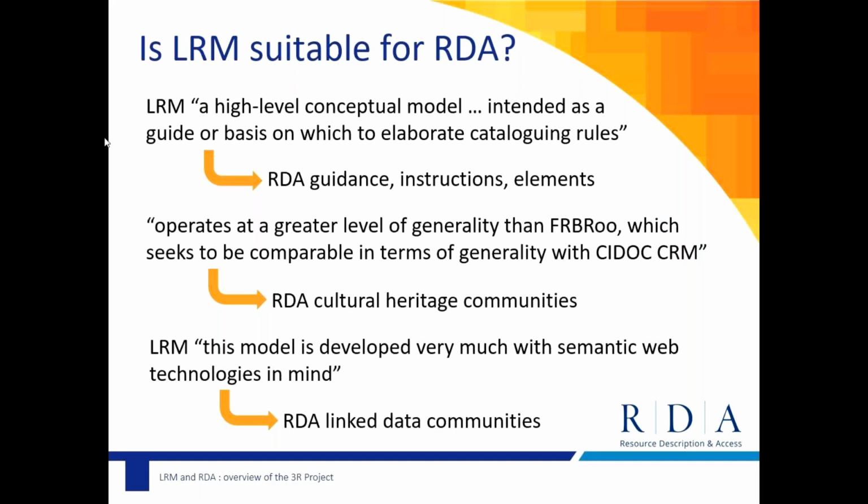So the LRM describes itself as a high-level conceptual model, which is intended as a guide or basis on which to elaborate cataloging rules. And this seems to support the idea that RDA is a package of guidance, instructions, and elements. The LRM also says that it operates at a greater level of generality than FRBR-OO.